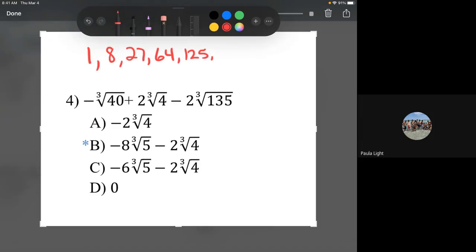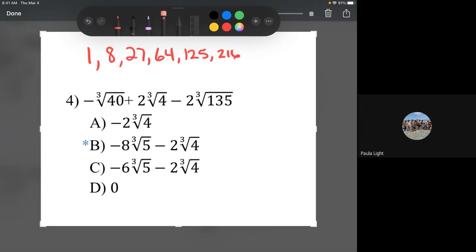There you go. 6 times 6 times 6. I don't know that one off the top of my head. I'd have to do a little scratch. 6 times 6 is 36. 3 times 6 is 18. And it's 216, isn't it? Okay. So I listed out some perfect cubes.